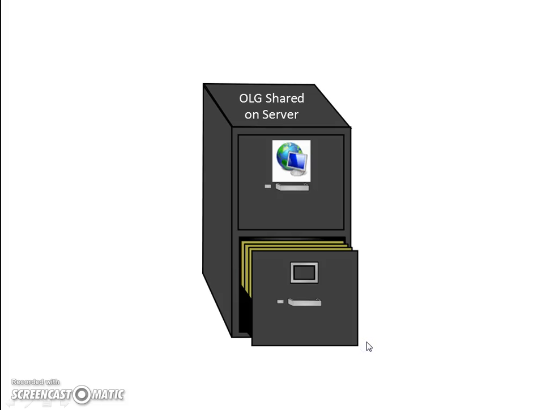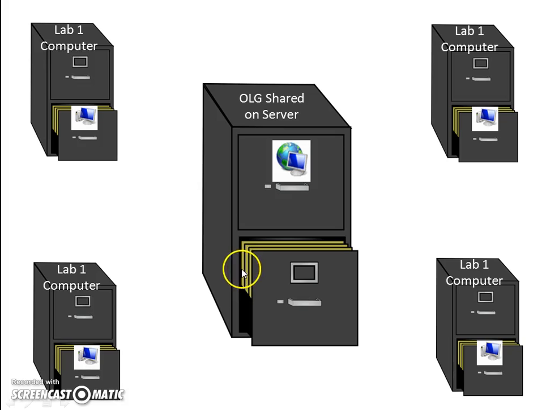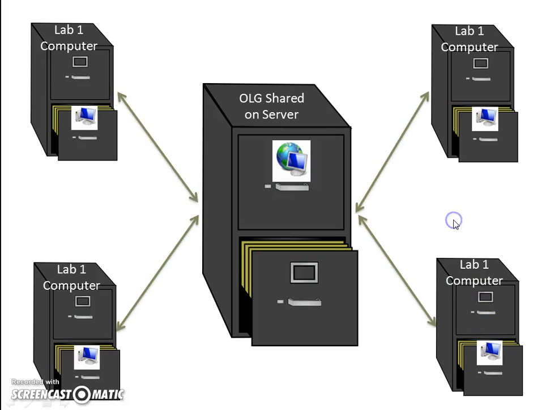Now, here's a problem we run into a lot here at school. We like to save files onto our server. Our server is a pretty big filing cabinet. We store and share lots of information there. Here's where we get into trouble. We've got several lab computers, and our lab computers can talk to the server.